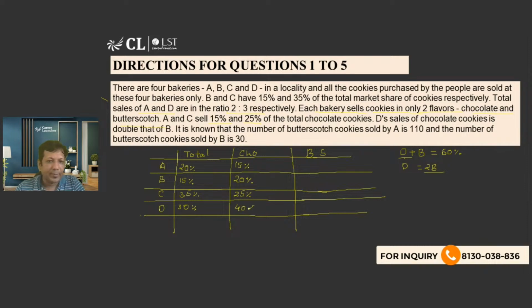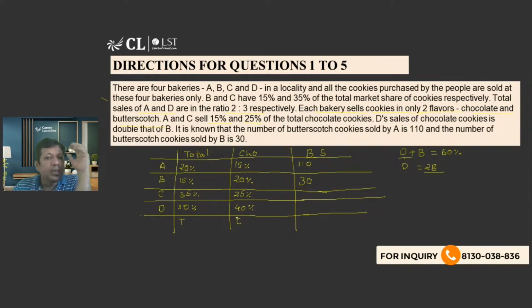These are the information given in the question, and after that, what does it say? It is also known that butterscotch cookies sold by A are 110 and butterscotch cookies sold by B are 30. So this is what we are going to have. Now let's say this is chocolate, this is total.